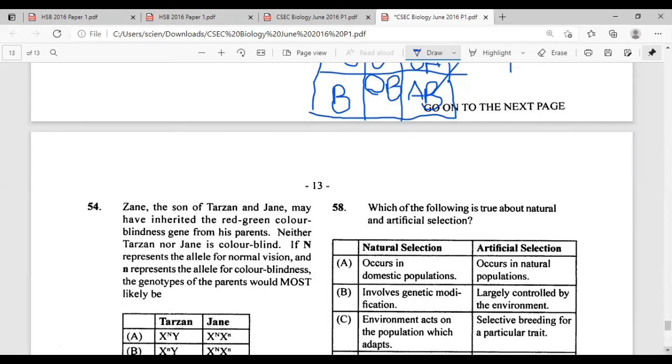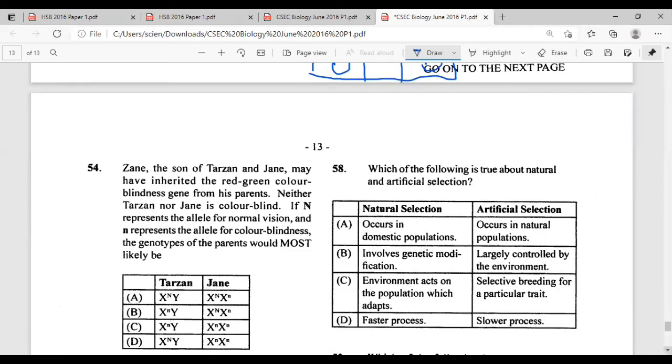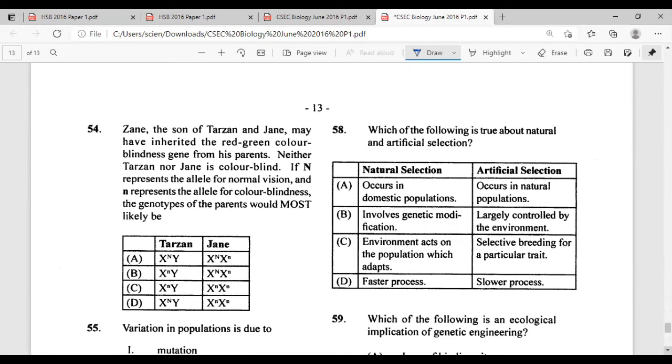54. Zane, the son of Tarzan and Jane, may have inherited the red-green colorblindness gene from his parents. Neither Tarzan nor Jane is colorblind. If capital N represents the allele for normal vision and small n represents the allele for colorblindness, the genotype of the parent would most likely be. For this one, it's pretty simple.